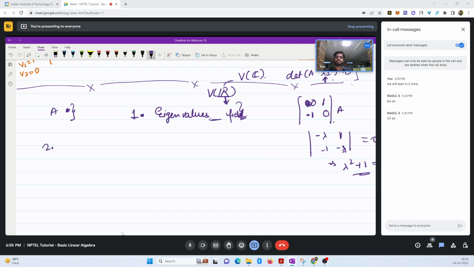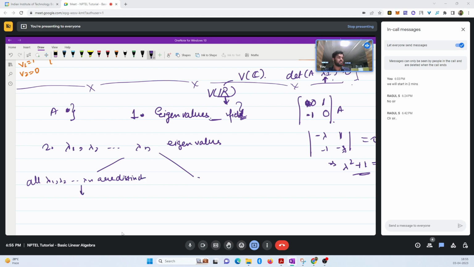Second thing is, now let's say you got lambda 1, lambda 2, up to lambda n as your eigenvalues. There are two cases that can happen over here. Either all your lambda 1, lambda 2, up to lambda n are distinct. One possibility is this.